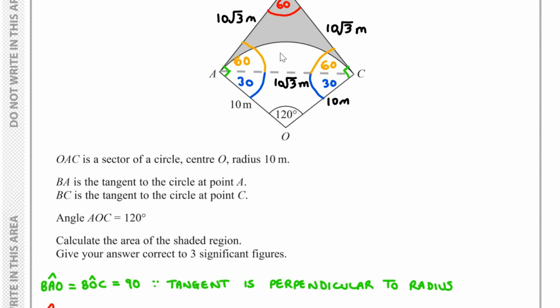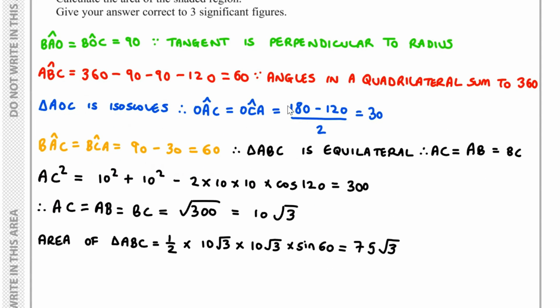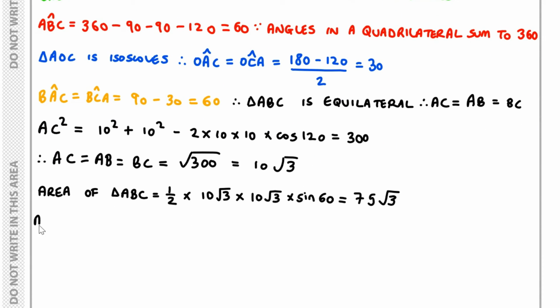So that's that triangle, and we can also find out the area of the triangle OAC. So therefore the area of the triangle AOC will equal 1/2 times 10 times 10 times sine of 120. This will equal 25 root 3.